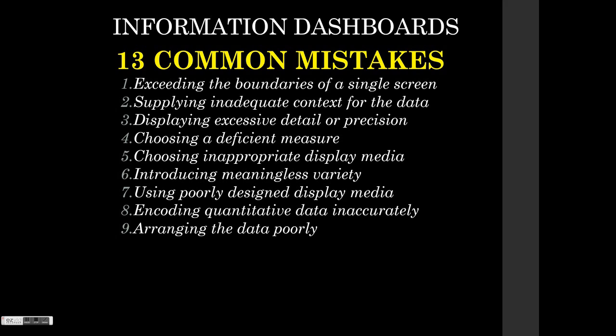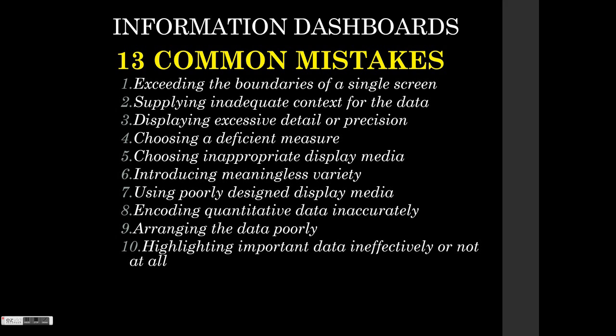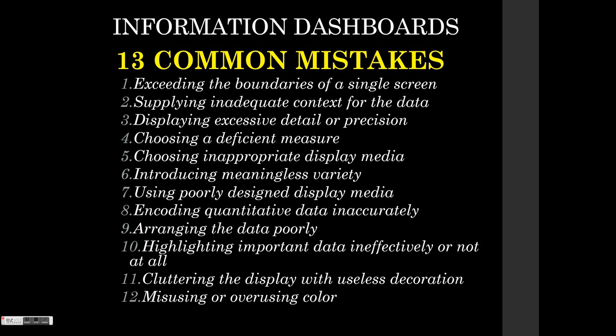Arranging the data poorly. Number 10, highlighting important data ineffectively or not at all. Cluttering the display with useless decoration. Misusing or overusing color. And lastly, designing an unattractive visual display. So let's see some of these mistakes in action.